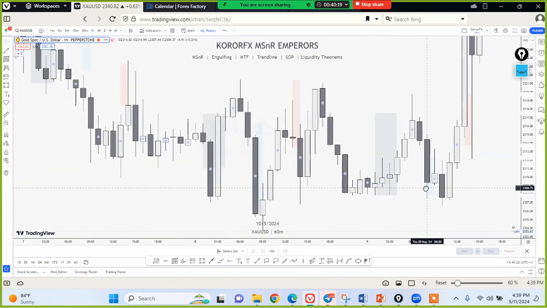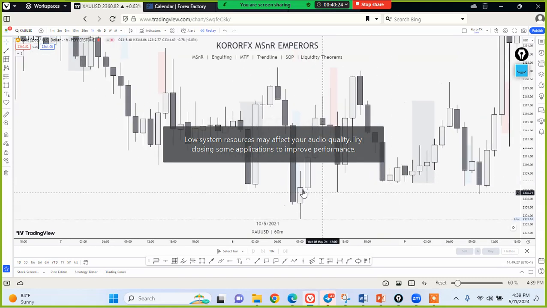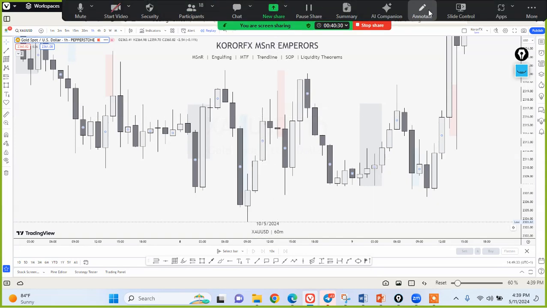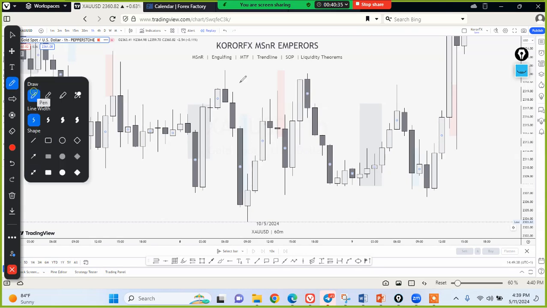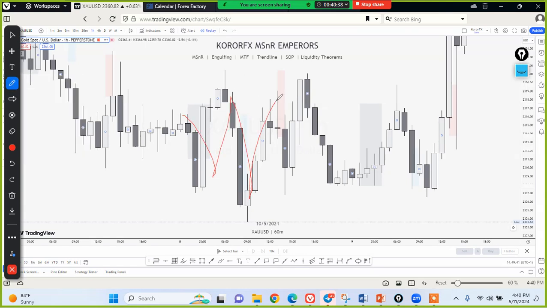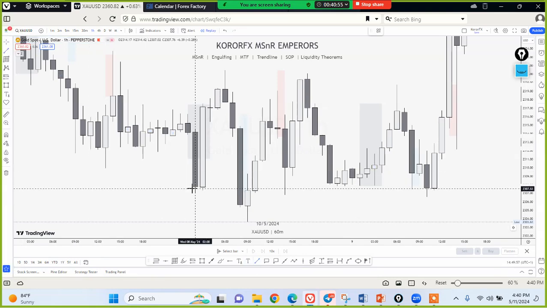So guys, we have to understand what the QMR is. So QMR is just like this one. This one is QMR because price is reversing from this level, okay, and then price comes back to this area, several times, because if I mark the QMR right now, you guys can see price is respecting this level, even this area.